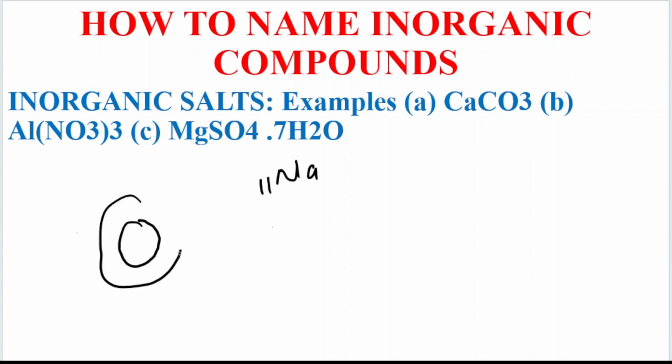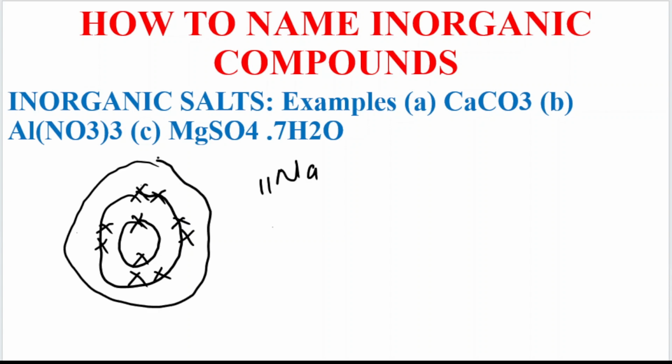The inner one always takes 2, then the others will take 8. This is 10. Remaining 1, and this is 1. So at this point we can say that it gives.